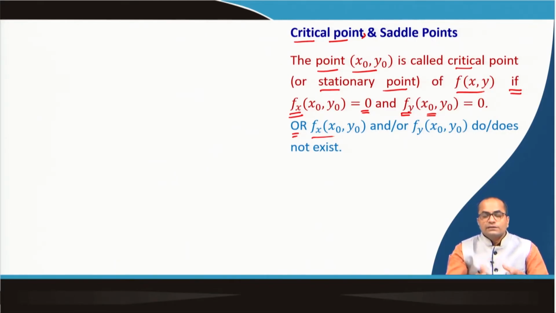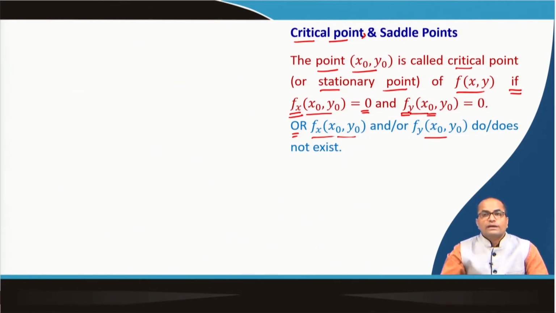because we will realize soon that these points, the critical points, are those points where a local maximum or local minimum exists. So, these are very important points. We have to first collect all such points where both the partial derivatives, with respect to x and with respect to y, are 0, and we have to also collect those points where one of the derivatives does not exist, or both derivatives do not exist.